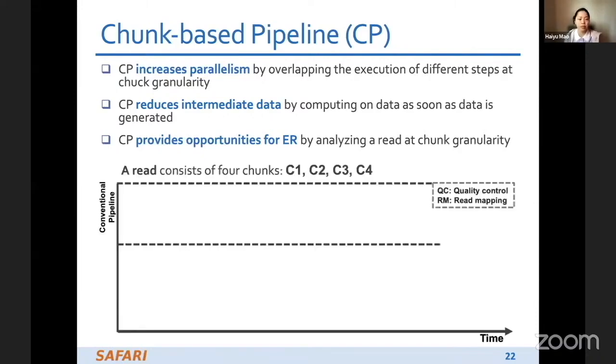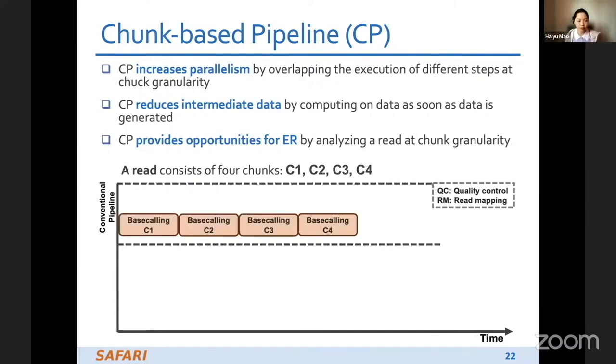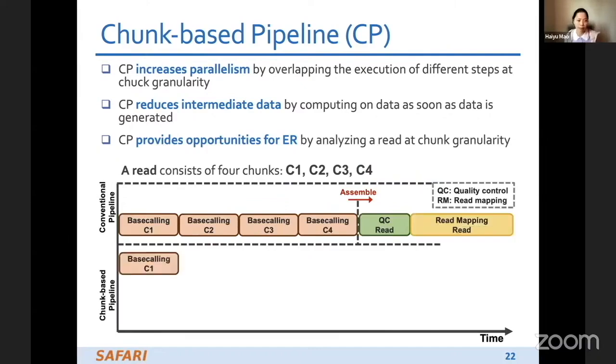We use an example where a read consists of 4 trunks, C1 to C4. In the conventional pipeline, we base call all 4 trunks, then assemble them into a read, do the quality control on the read, and do the read mapping on the read. In our trunk-based pipeline, we first base call a trunk, and at the same time we base call the second trunk.